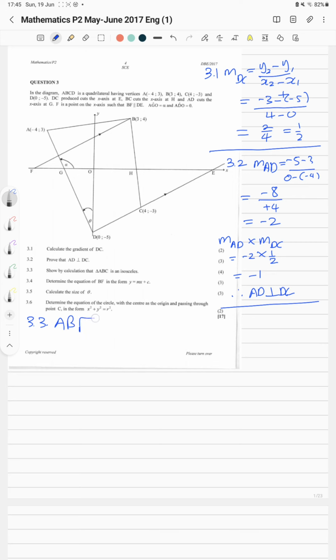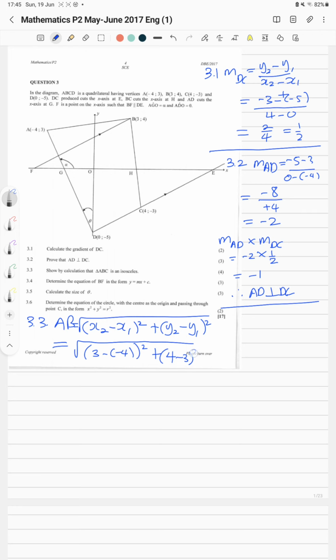AB we're looking at. So distance formula: x2 minus x1 all squared plus y2 minus y1 all squared. That will now be equal to, from B to A if I subtract, 3 minus minus 4 all squared, plus then y2 minus y1 will be 4 minus 3 all squared.